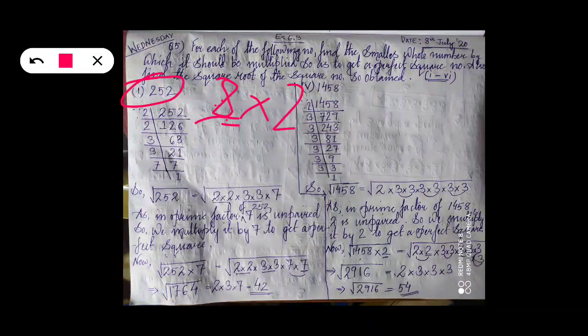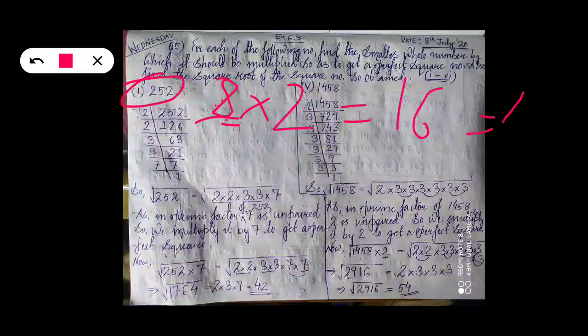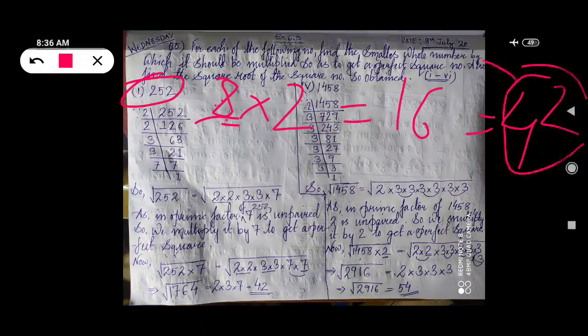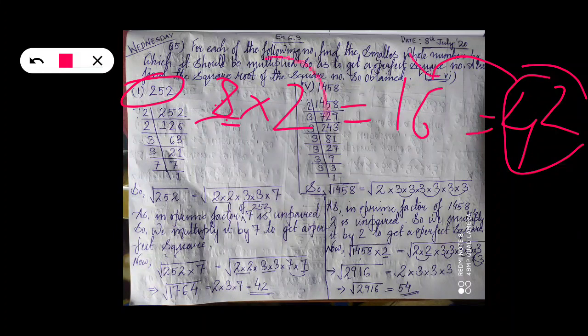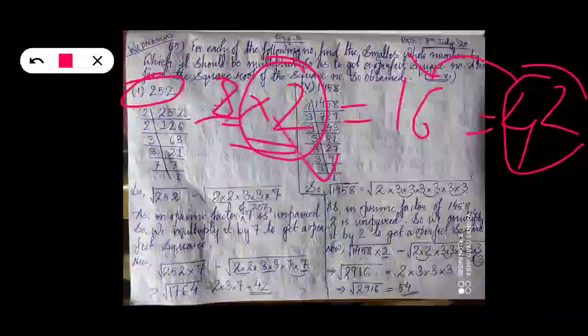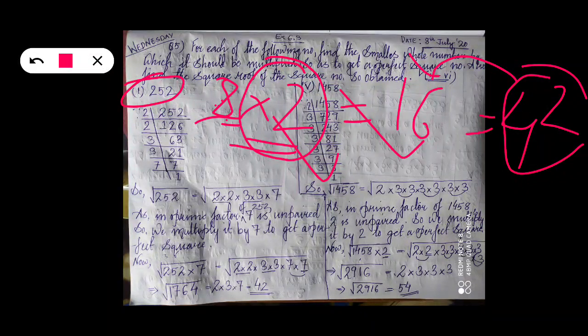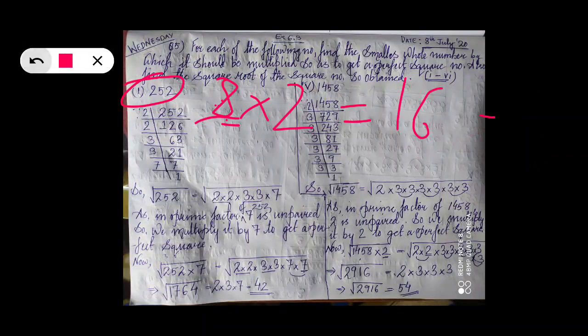If you multiply with 2, it will become 16. Isn't it a perfect square? Isn't it the square of 4? 4 squared is 16. That's why we have to multiply 8 with 2. So this is the number you have to find: by which number you have to multiply so that you will get a perfect square. I hope you are clear with this, isn't it?